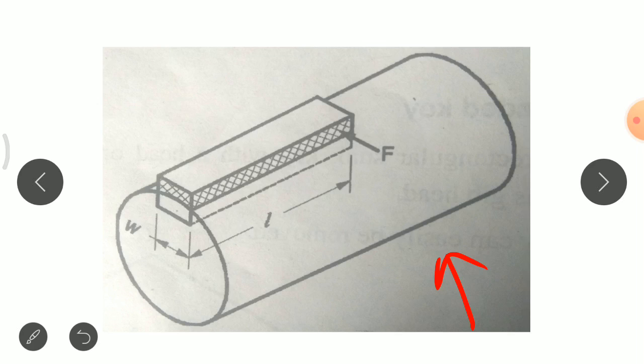Now we will move towards the first point, that is, the different parameters or values that we are going to use in the design procedure. The first is capital T. It means the torque to be transmitted by the shaft, and the unit of torque is Newton into mm.